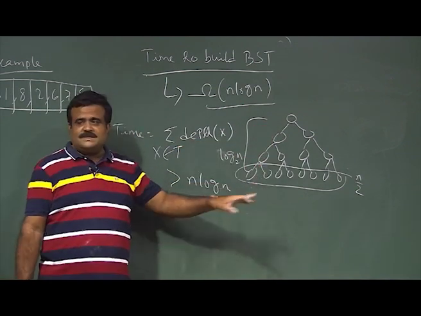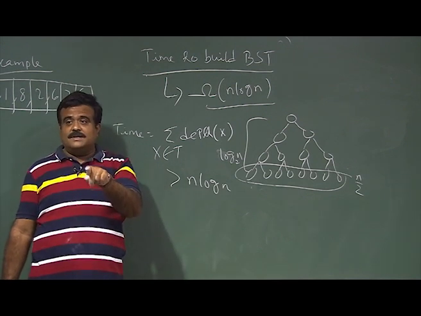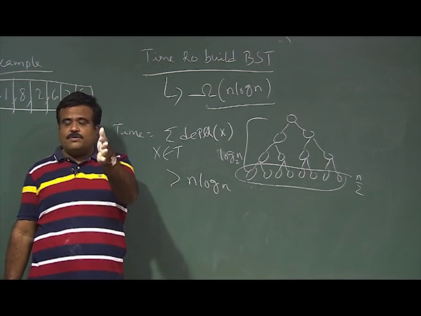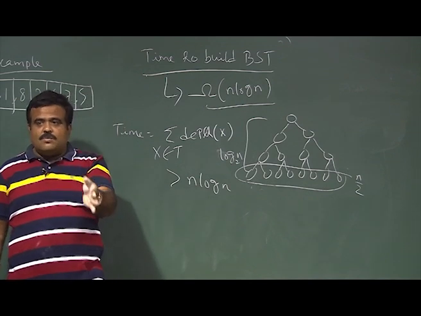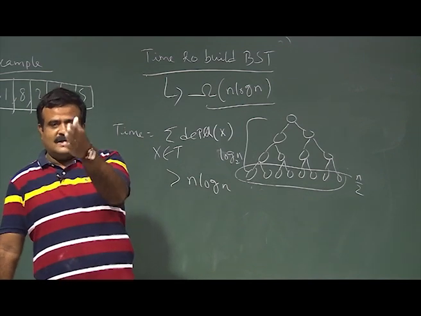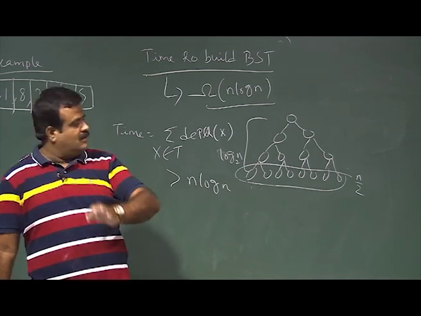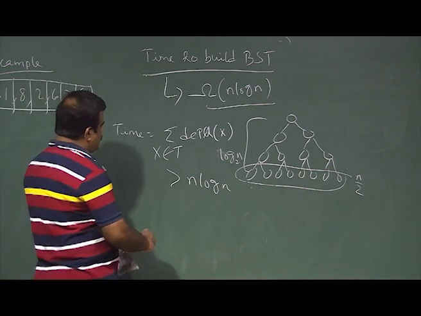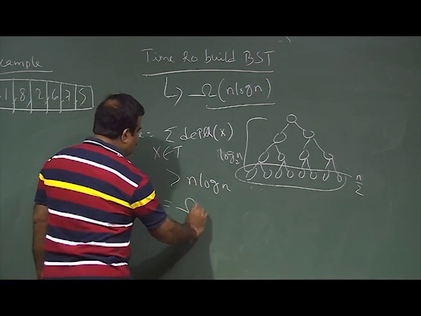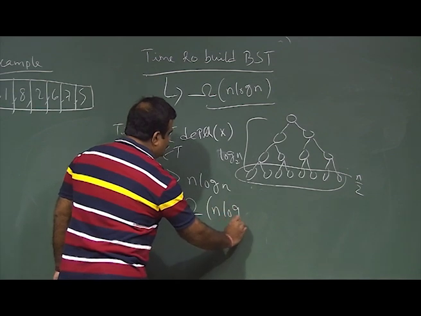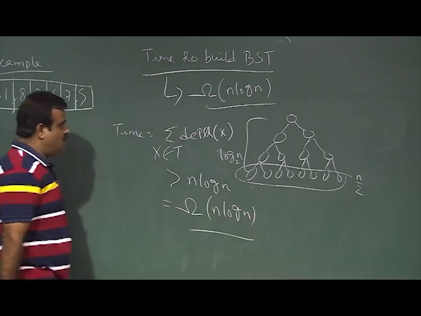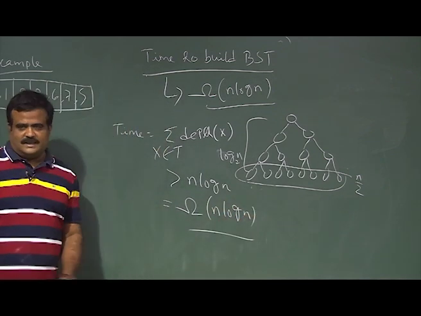So, how many comparisons? At least log n comparisons. Each of these leaves had to compare with log n many nodes. So, that is why this time is basically big omega of n log n. This is the lower bound, we cannot do better than this.